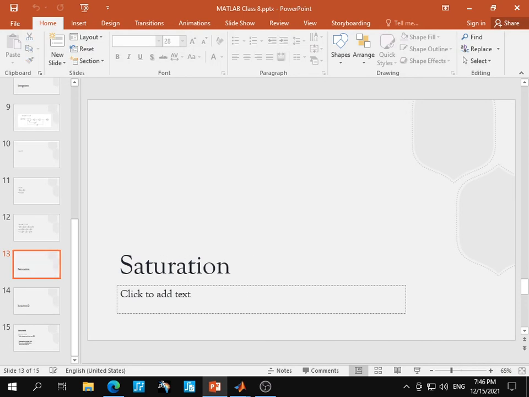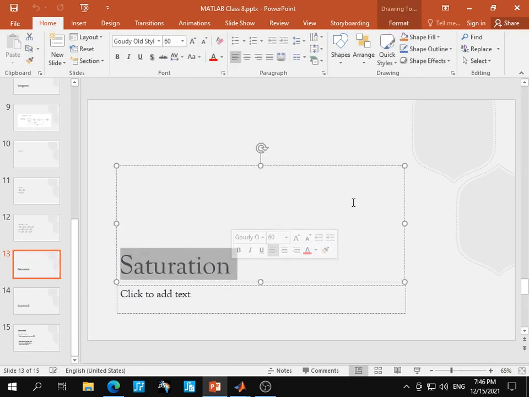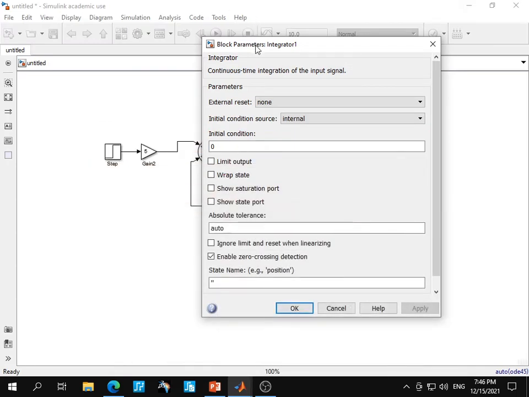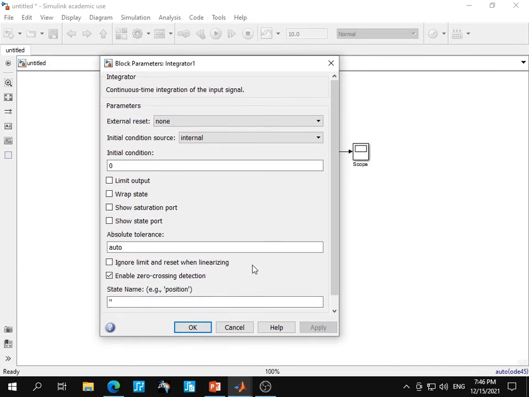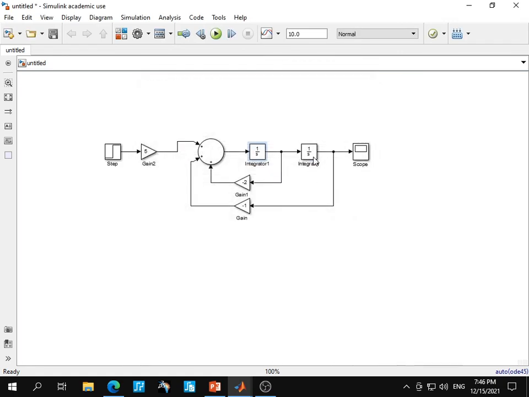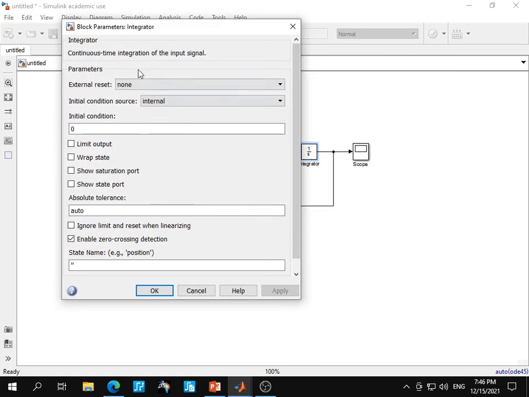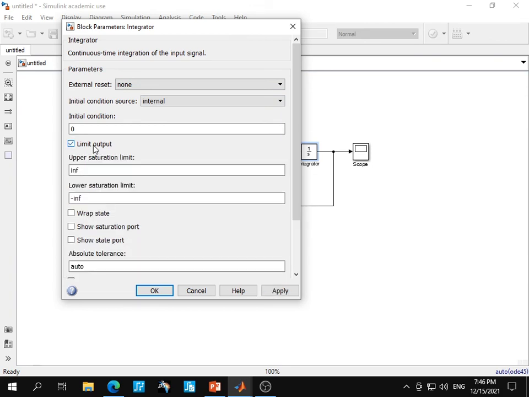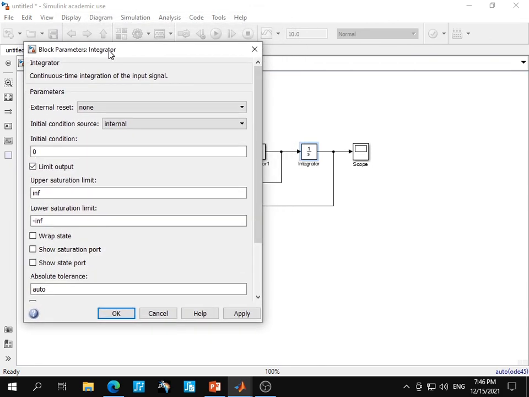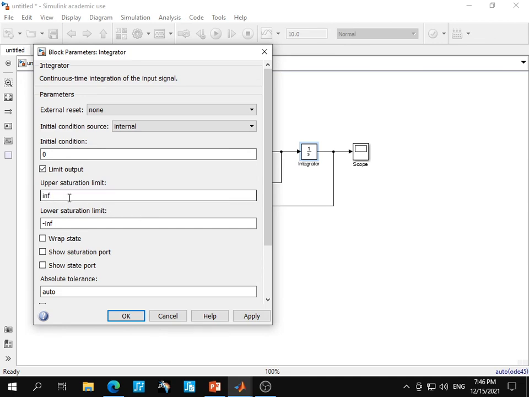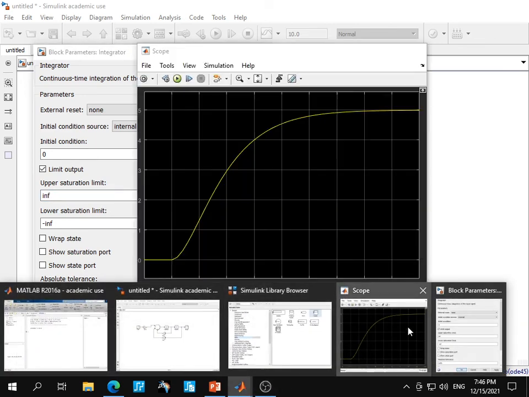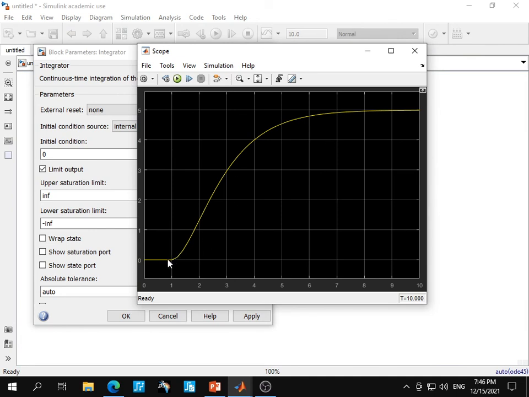And then we'll talk about the last thing, which is saturation. You actually have 2 ways to set a saturation. One type is in the integrator. You have this limit output. So as you can see from the scope, we have this value from 0 all the way to almost 5.